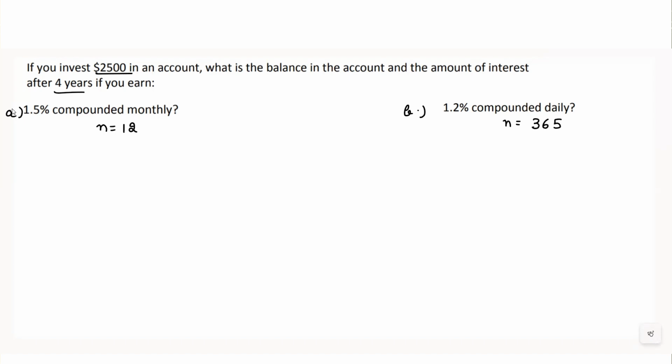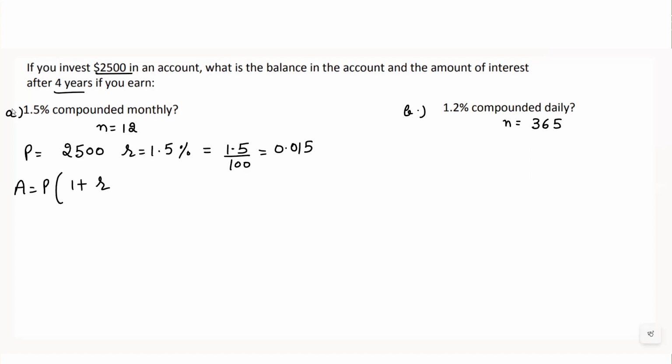So we will write here for the first part, P is equal to $2,500. Then R is equal to 1.5%, which we need to convert into decimals. If I do 1.5 over 100, I will get 0.015. Then we will apply the formula: A is equal to P into (1 + R/N) raised to power N into T. We put all the values here, T is equal to 4.